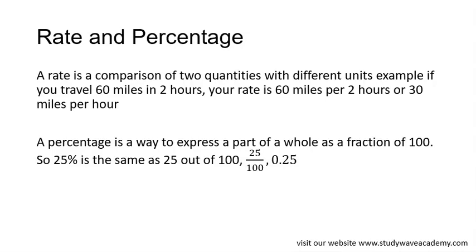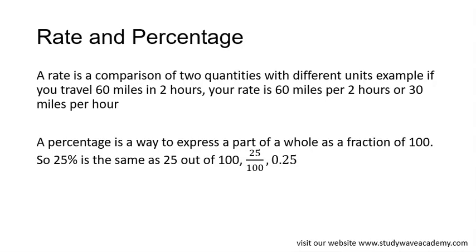Your rate is 60 miles per 2 hours or 30 miles per hour. Okay? Miles and hour are different units used in comparing two different things, right? Miles is for the distance and hour is time.